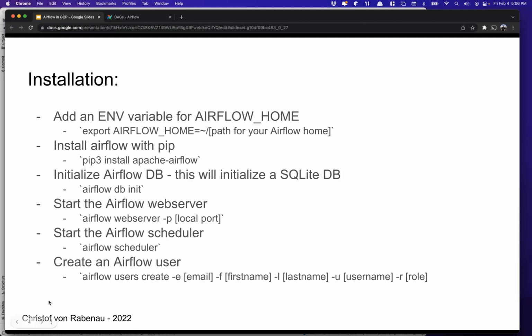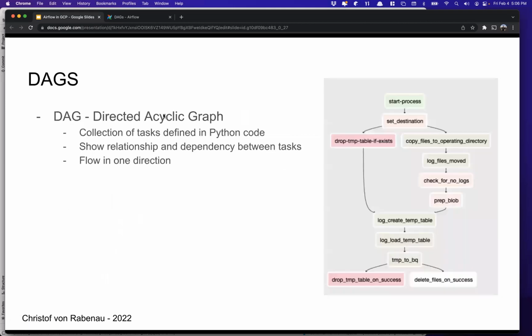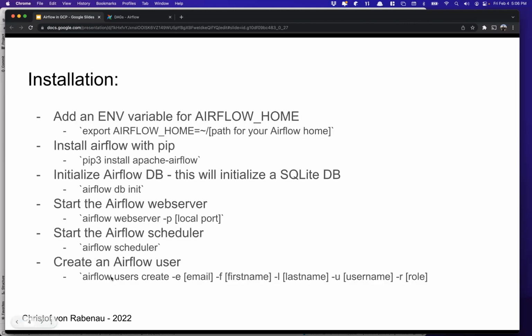And if you want, you can create an Airflow user. You can run your environment in a non-user environment, but I would recommend creating a user so that you can work your way around some of the security limitations.